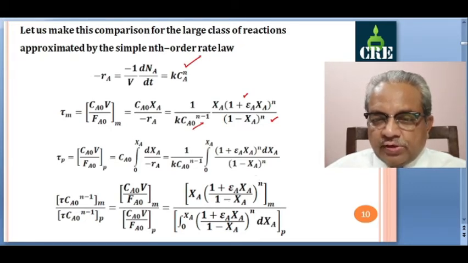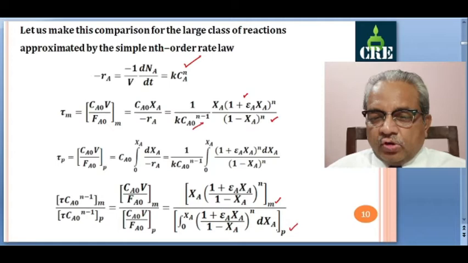In the denominator, these two terms are gone; we have adjusted them on the other side. And in the denominator, I will have this complete term, that is integral 0 to Xa. So m I am using for mixed flow. So this all corresponds to mixed flow conditions, and this integral, this function, is for plug flow conditions.